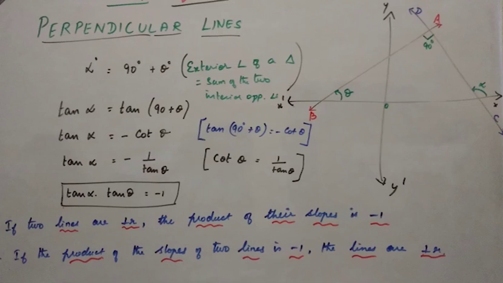If two lines are mutually perpendicular, the product of their slopes is minus 1. If the product of the slopes of two lines is minus 1, the lines are mutually perpendicular.